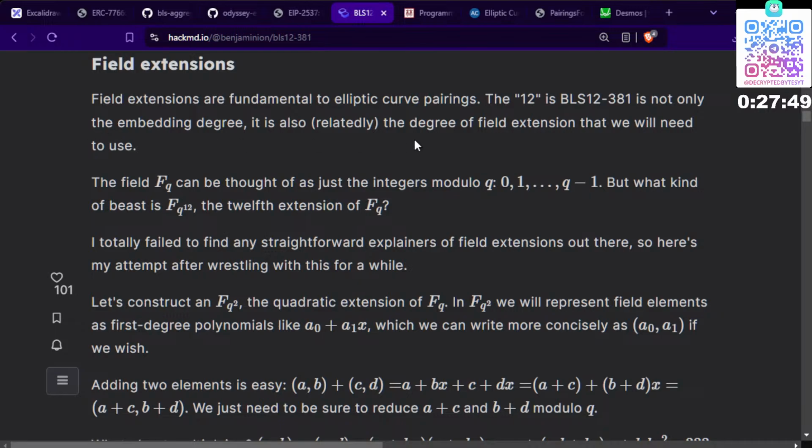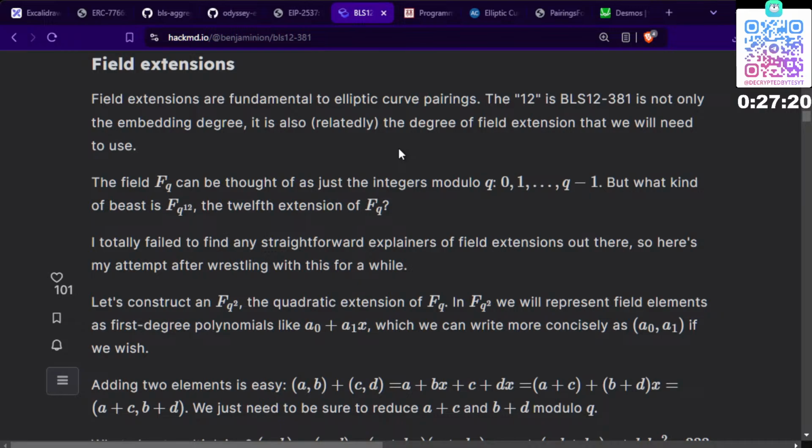I think it should be 'in', not 'is', but okay, he's smarter than me, so maybe it's just a mistake. It is also the degree of field extension that we will need to use.